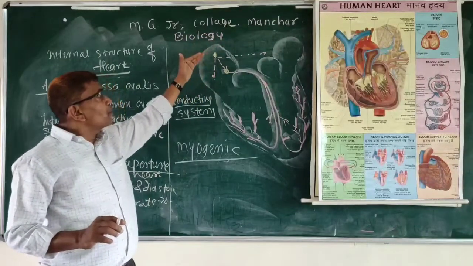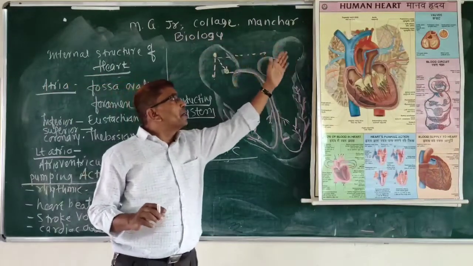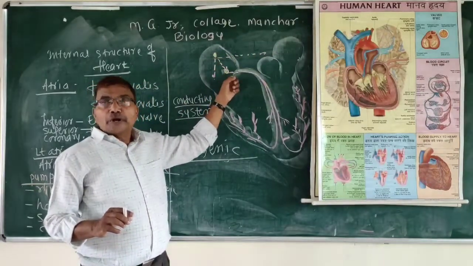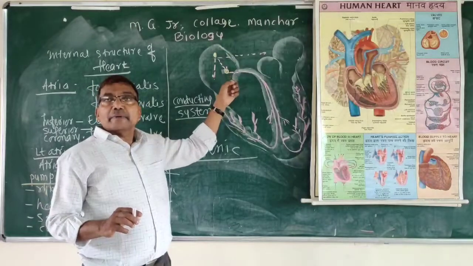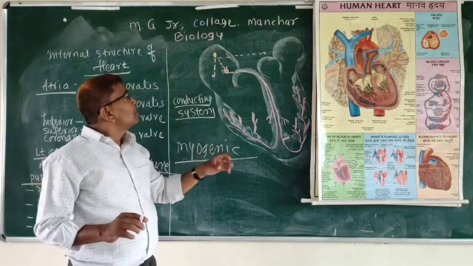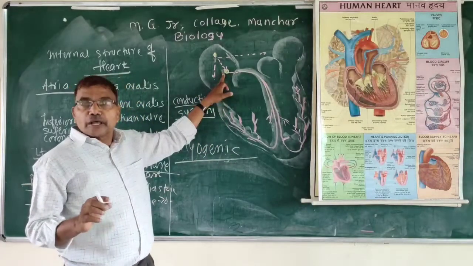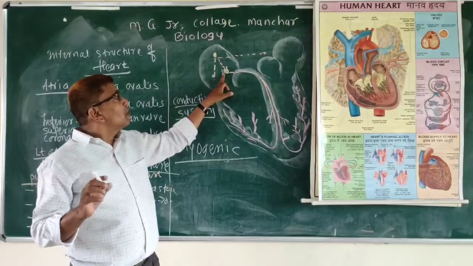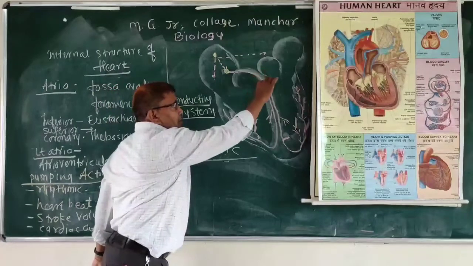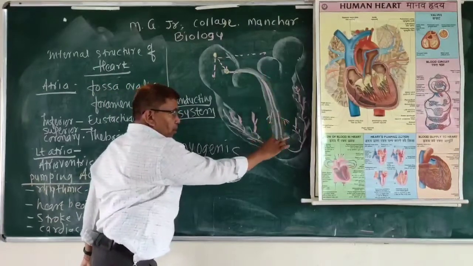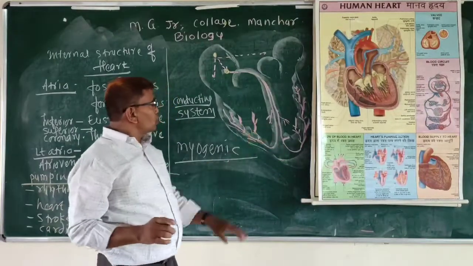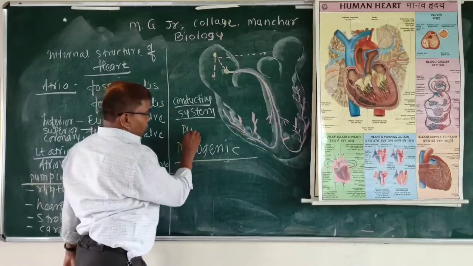When it contracts, the contraction is carried over the wall of the atrium and reaches another nodal tissue point, situated at the base of the right atrium near the interatrial septum, which is called the AV node, the atrioventricular node. It is stimulated and the wave of contraction is carried through special conducting tissue present in the wall of the ventricles, called Purkinje fibers.